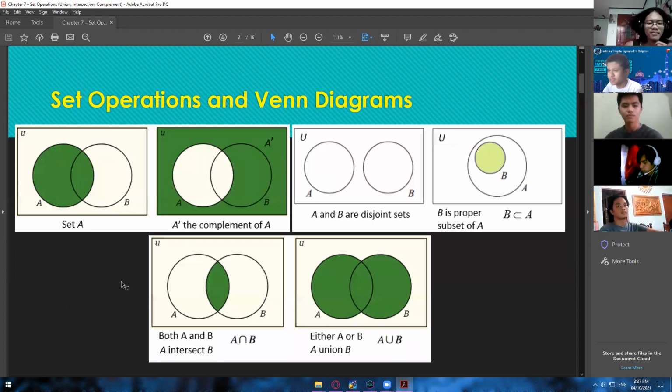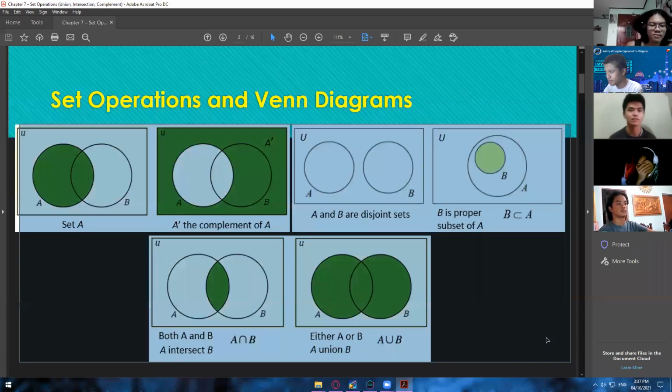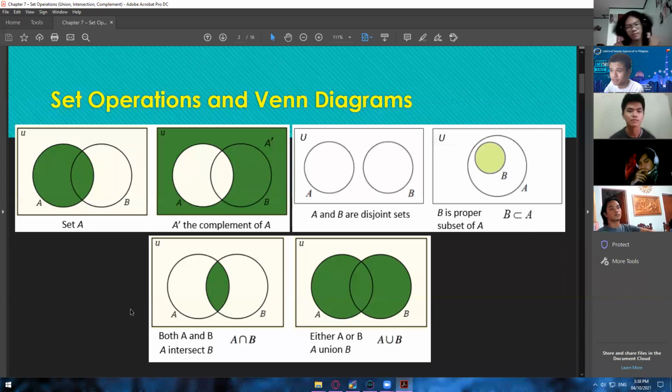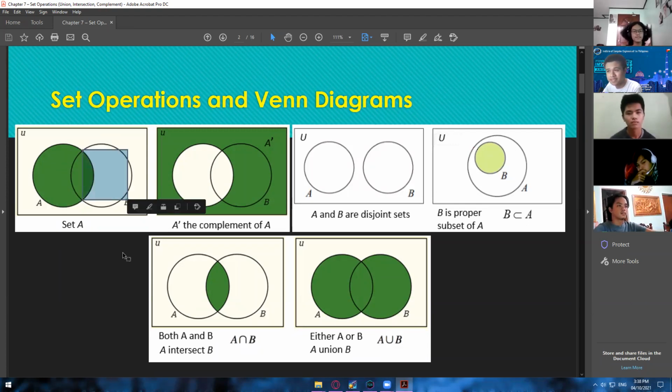So let's talk about set operations and Venn diagrams. What are the differences? All of them are set operations, and here are the different types of Venn diagrams. We have two sets, set A and set B. Set A here is only the green shaded part.